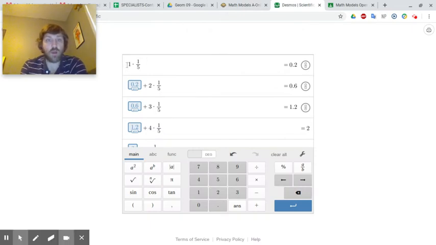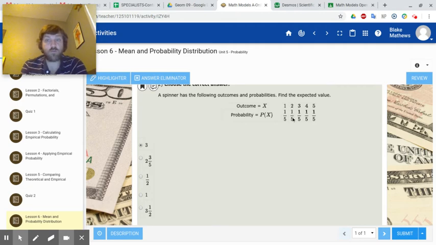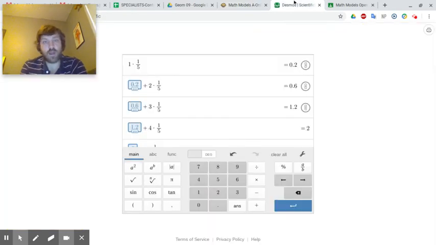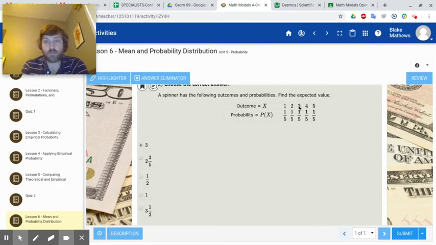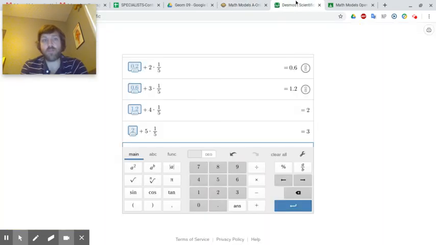So we had 1 times 1/5, and that's 0.2. Now, you might want to write each one down and do it separately, but I went ahead and did it in the calculator one after the other. Then I did the answer plus 2 times 1/5, then I added the next one, 3 times 1/5, and so on.